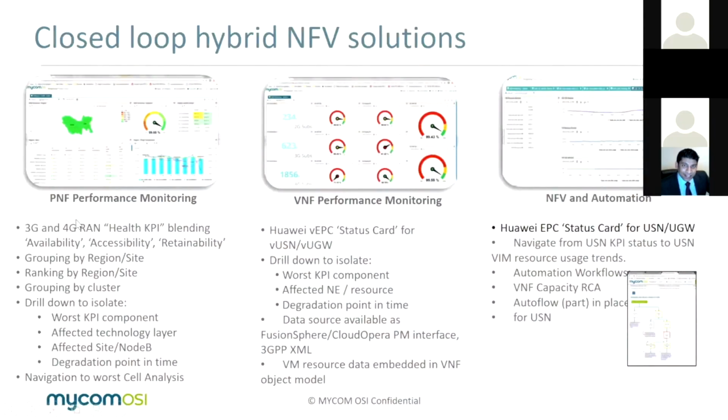As you can see, a whole host of physical network function performance monitoring with virtual network function performance monitoring with virtual USN and virtual unified gateways, where we have integrated that with the underlying multi-VIMs such as Cloud Opera and Huawei-based interfaces with underlying OpenStack and so on, and extending that across to the virtual core as well with virtual USN and virtual UGWs.